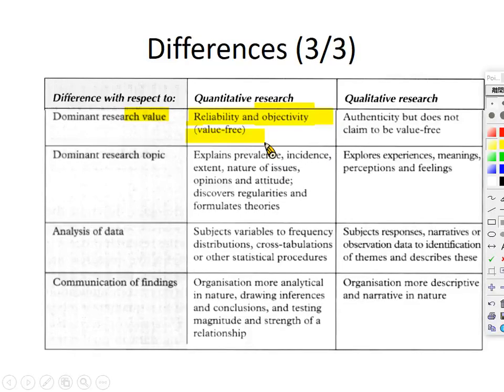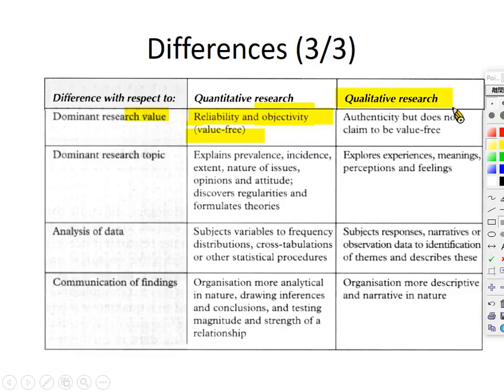I don't have to sit with you to have coffee and cheesecake. The only thing I need to do is give you the paper, and you give it back to me. That's it. So the human interference is minimized in a very significant way. So we don't have to care about the influences of human factors. So we can try to become as objective as possible. But how about qualitative?